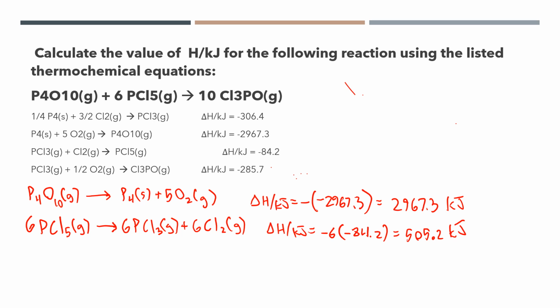All right, now we need to get that guy. We haven't accounted for that guy yet. Oh, look, okay, we don't have to reverse it, but we need to times everything by 10. So let's do that real quick. That's going to be 10 PCl3 plus 10 times a half is going to be 5 O2 translates into 10 Cl3PO.